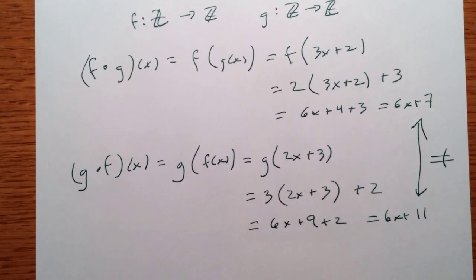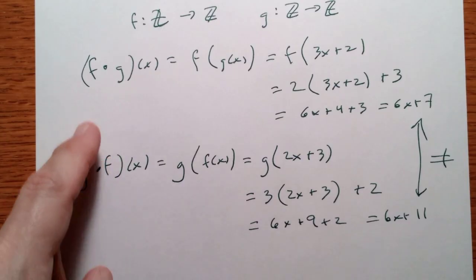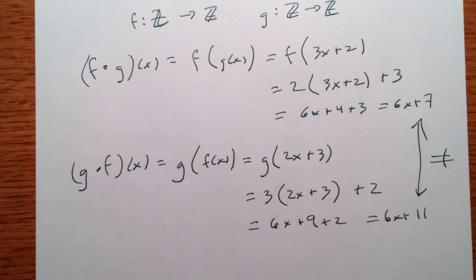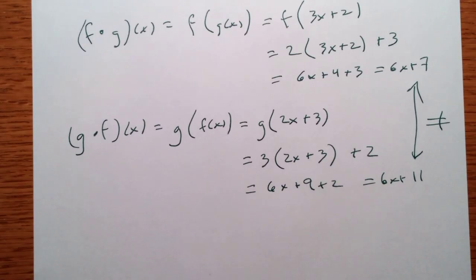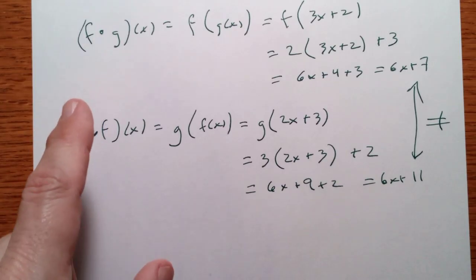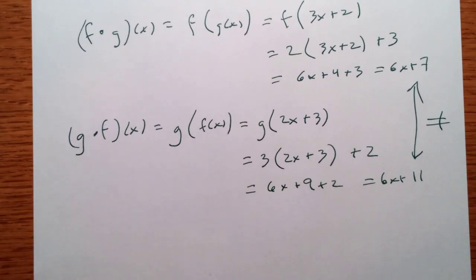Those are not the same. That's important. G of f and f of g aren't the same thing. And that's a common occurrence in algebra. Figuring out, by the way, when f of g and g of f are the same, that's important, depending on what algebra you're doing.